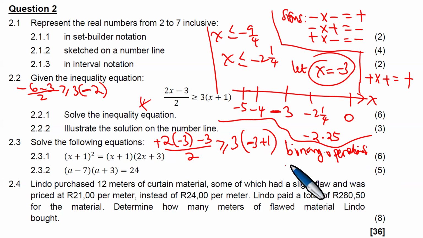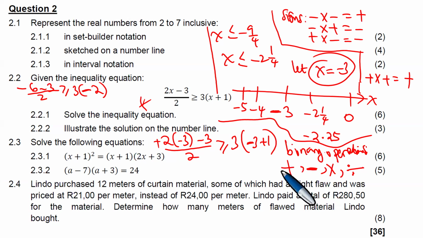What are the binary operations? The binary operations are addition, subtraction, multiplication, division. But you see, addition and subtraction go together.